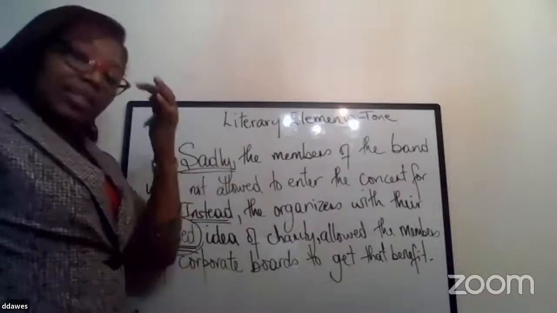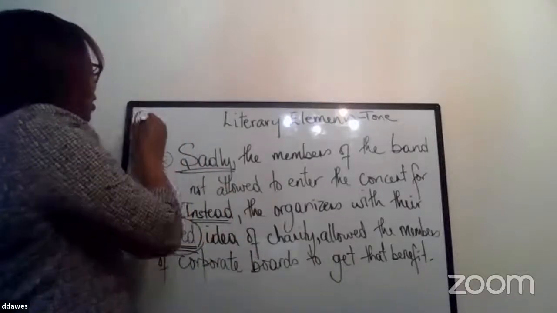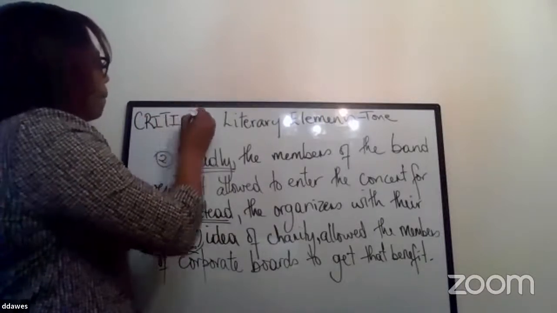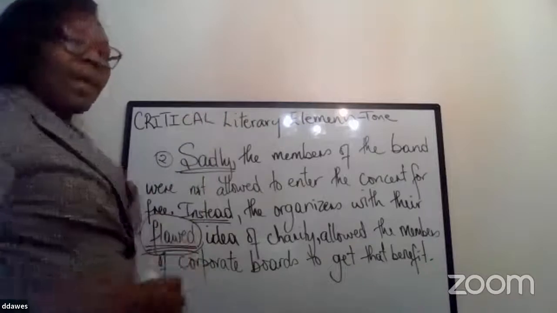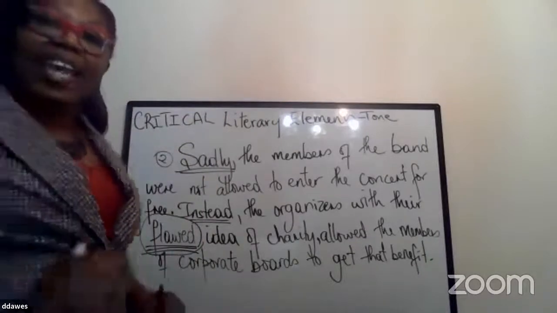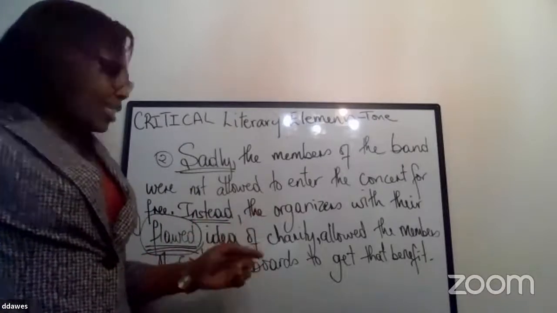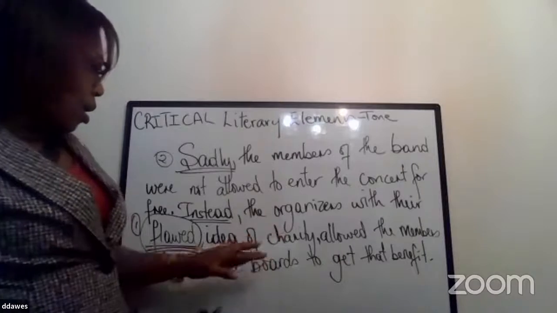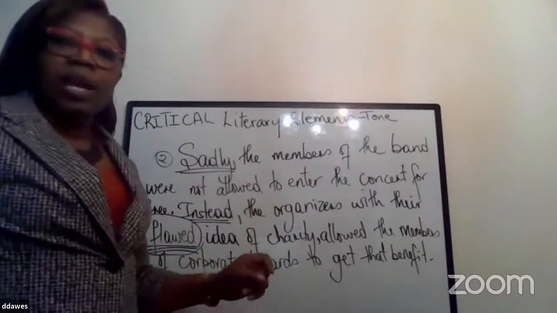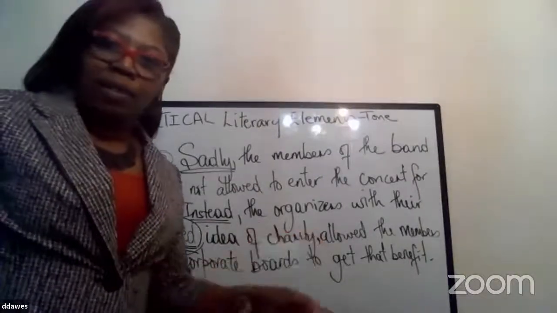So what exactly is the writer doing here? The writer is being critical. So the writer has a critical tone. The writer is criticizing how the organizers of the charity, rather than being smart, they were being foolish.